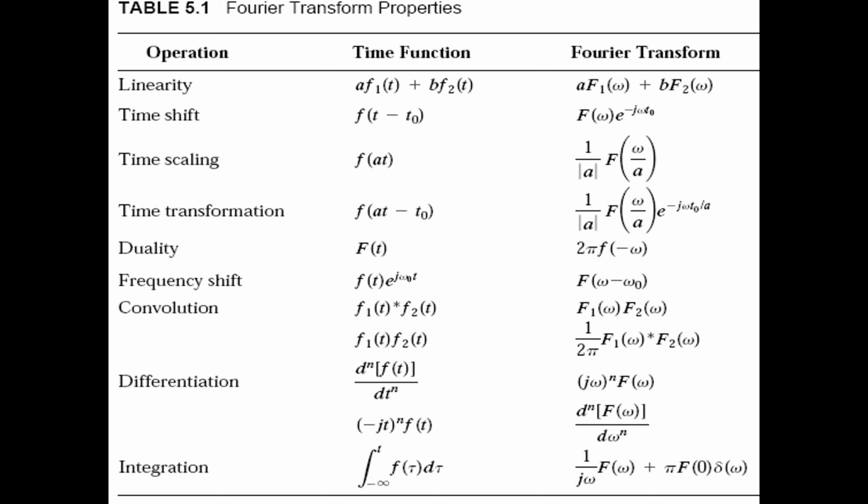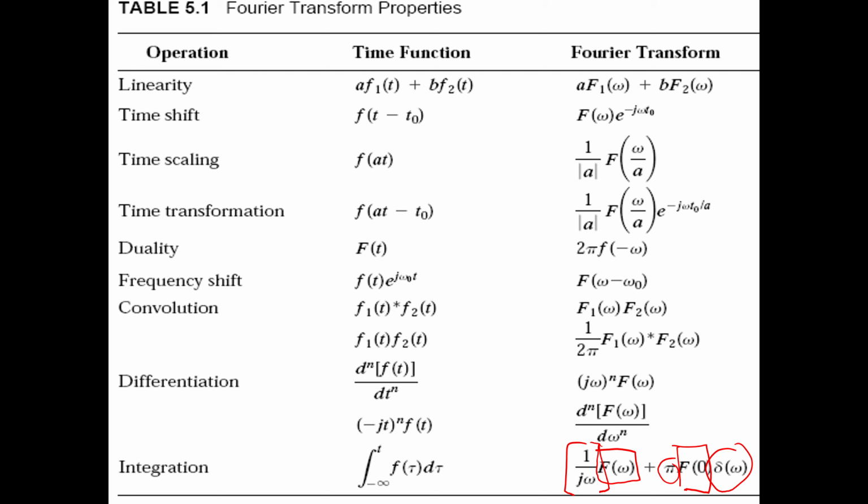So this is what I mentioned just now, integration. We transform the function but multiply by 1 over j omega, or divide by j omega, plus pi, and then the initial condition multiplied by delta omega. The rest we have discussed. Linearity: you can convert one by one and add.